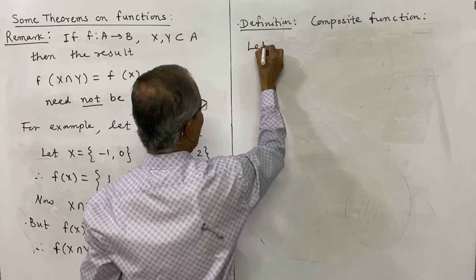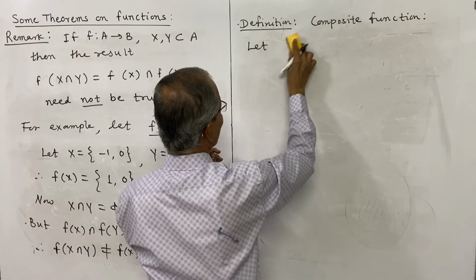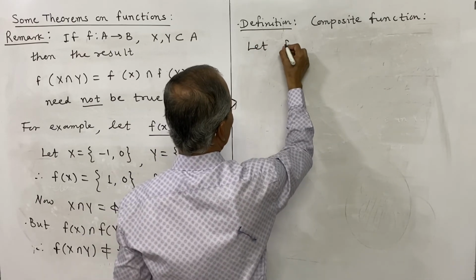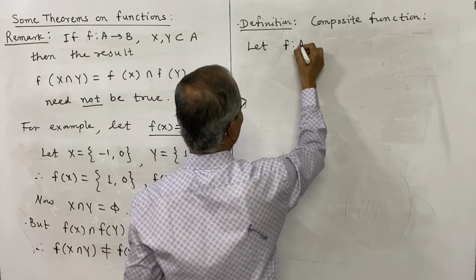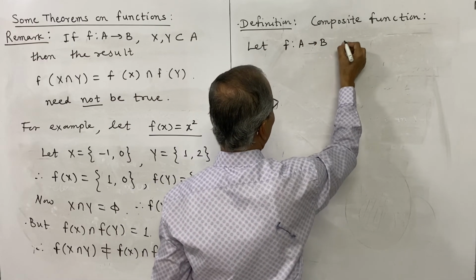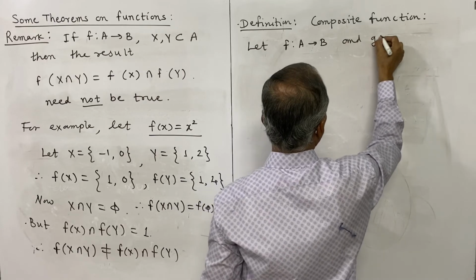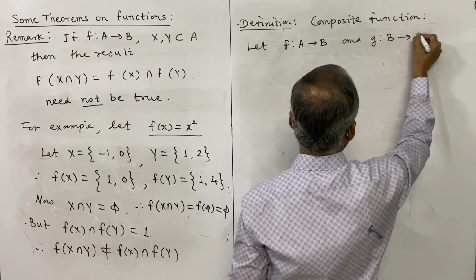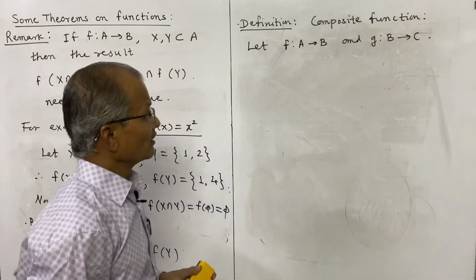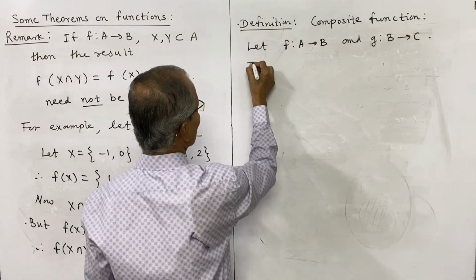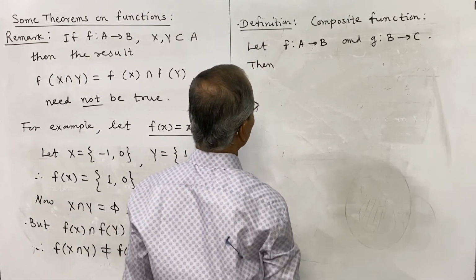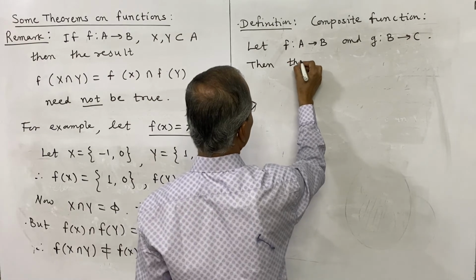Let f from A to B be a function, and suppose g from B to C be a function. Then the composition of two functions.